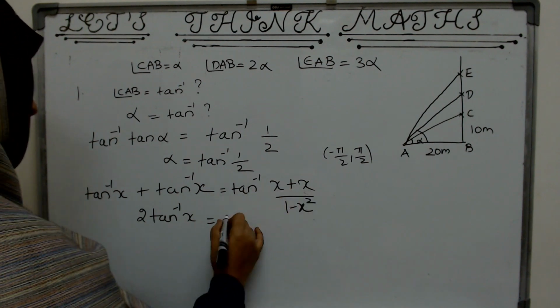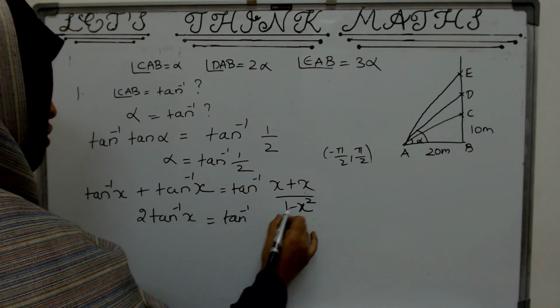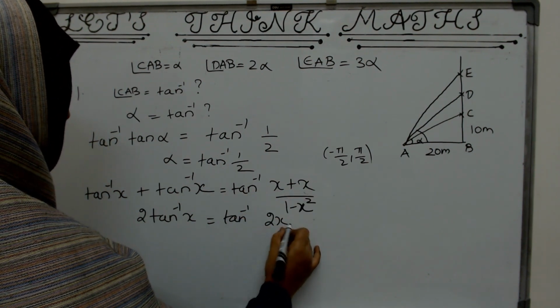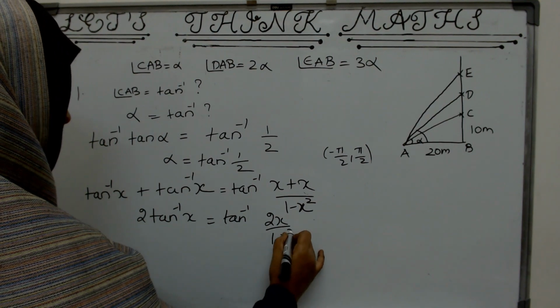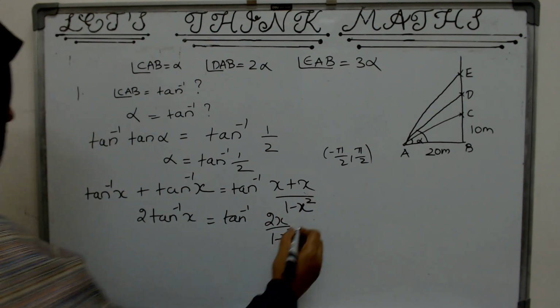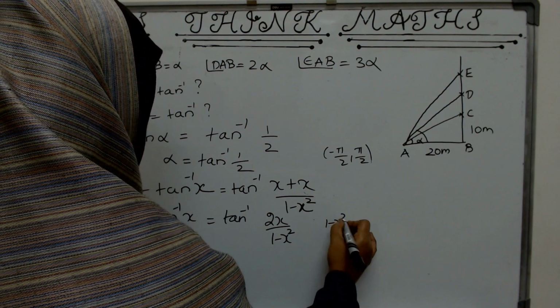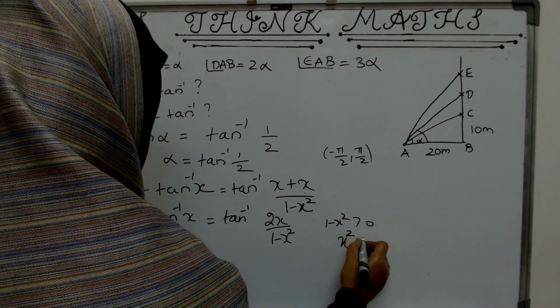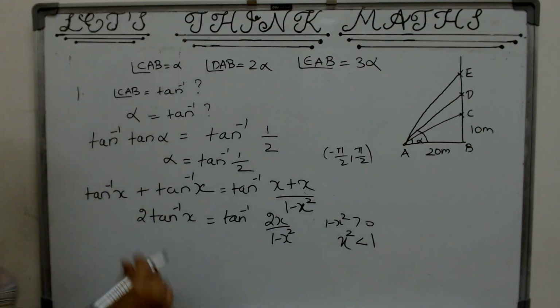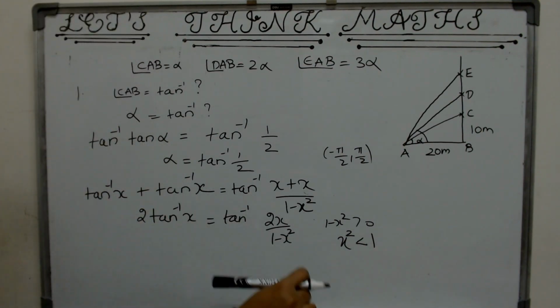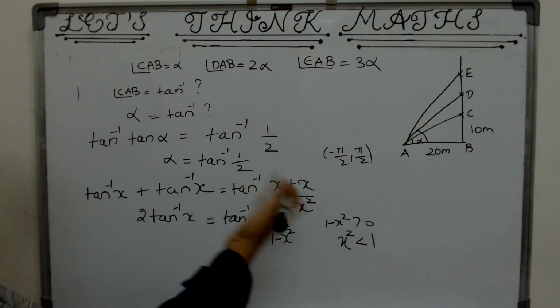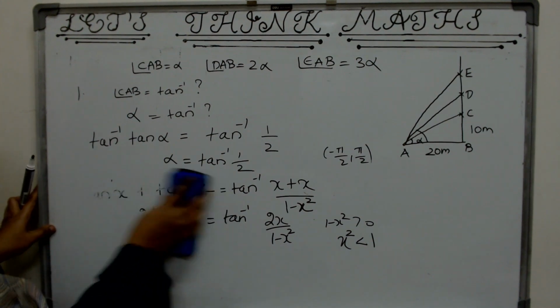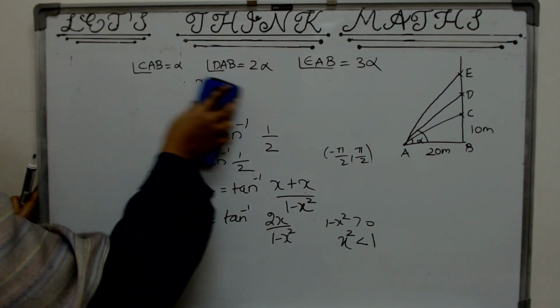And this will become tan inverse of x plus x is 2x by 1 minus x square. But remember, what is the catch? 1 minus x square will always be greater than 0, or in other words, x square has to be less than 1. It cannot be greater than 1. You have to check that before you apply this formula. But if it turns out to be greater than 1, you know what to do. Add a pi to it. So, please remember this formula. We are going to use it.